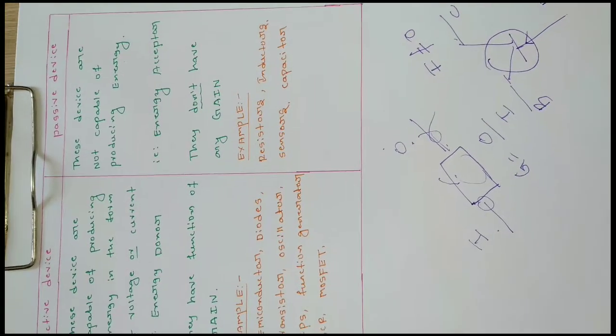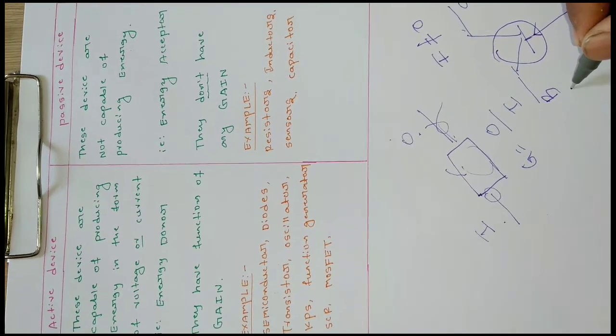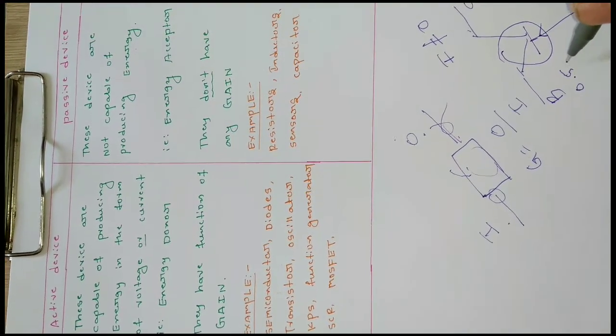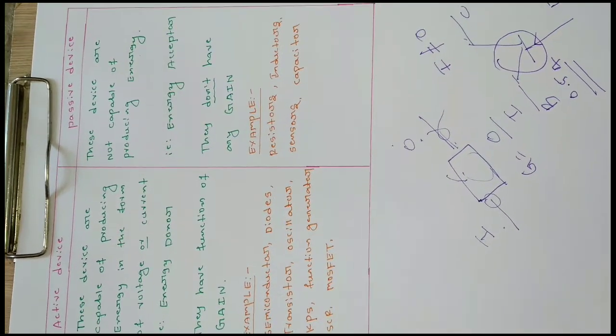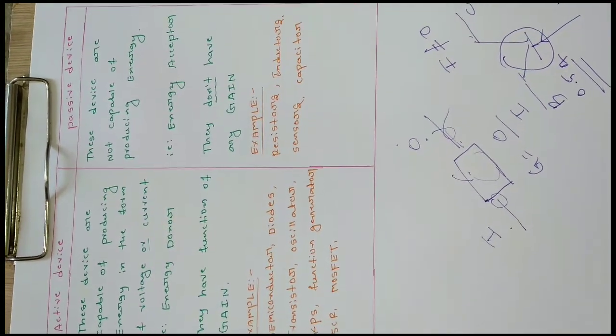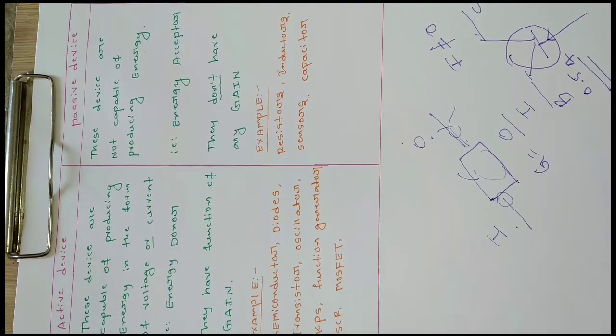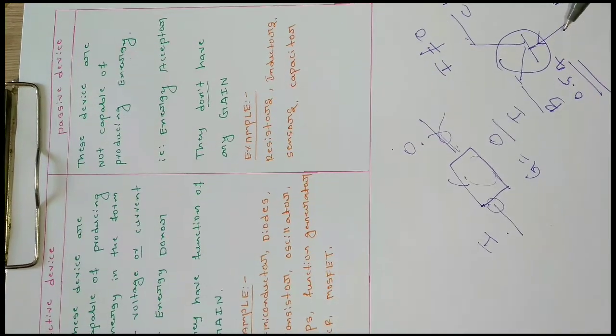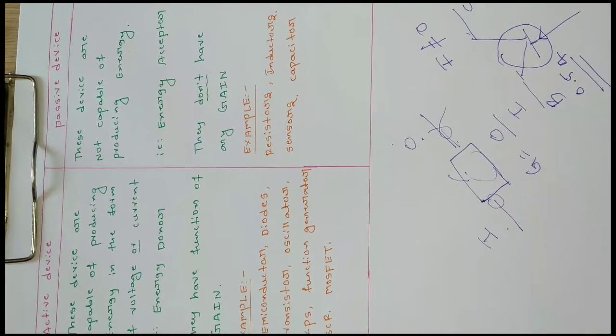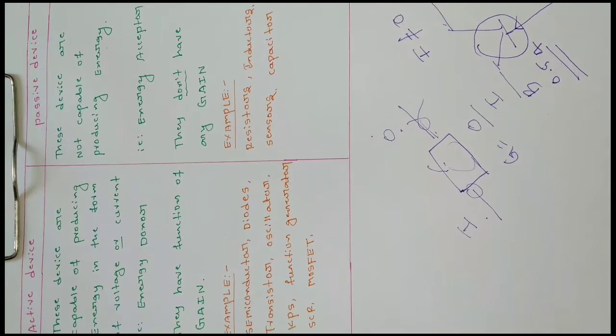Now if we apply a current of 0.5 ampere here, I am assuming we will get a current of around 1 ampere, let us say. So this is acting as a current amplifier. We know that a transistor can be used as a voltage as well as a current amplifier.